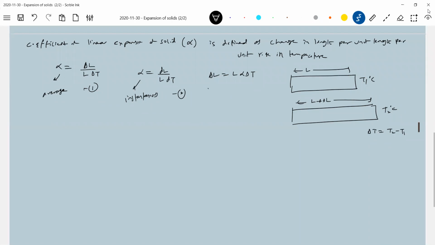So this delta L, what can we write it as further? This was the basic definition. Or we'll write in another form. Delta L, how do you write it? Final minus initial.